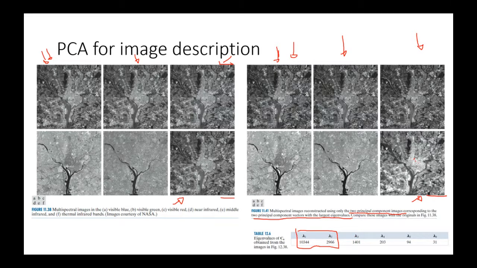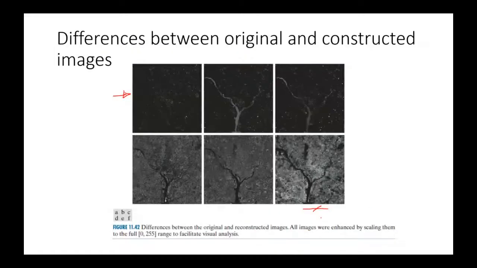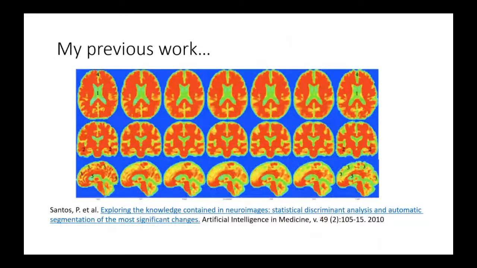Okay, and we can do that with much more complex data, and I've done that in the past. You can read in this paper where we used neural images from MRI data.